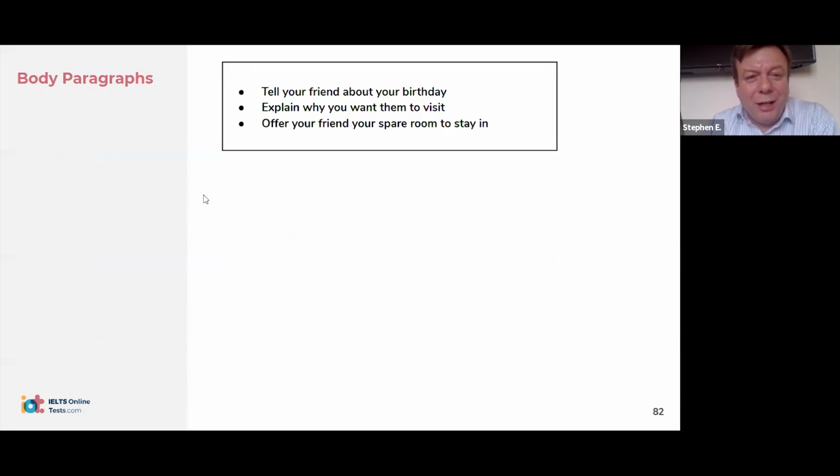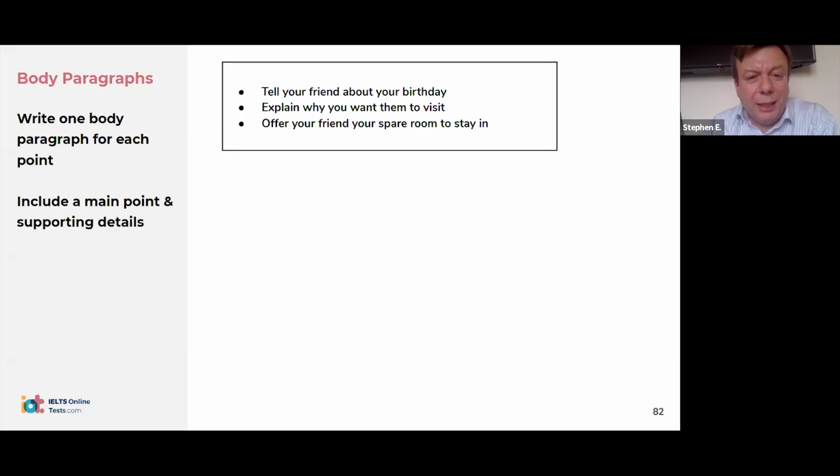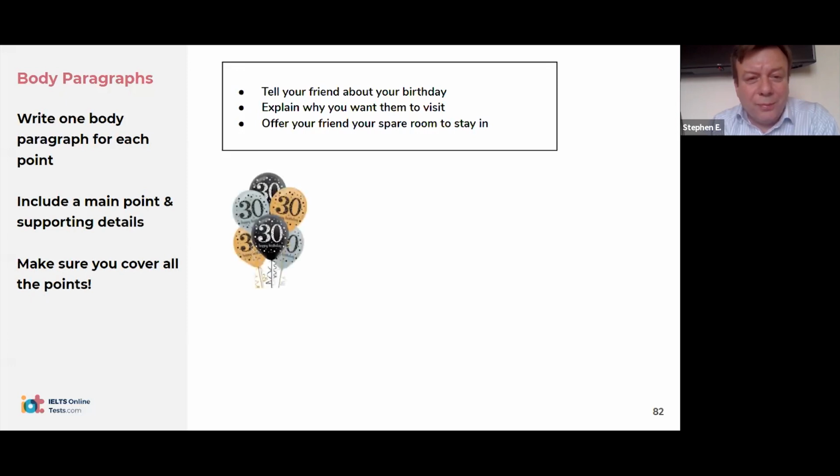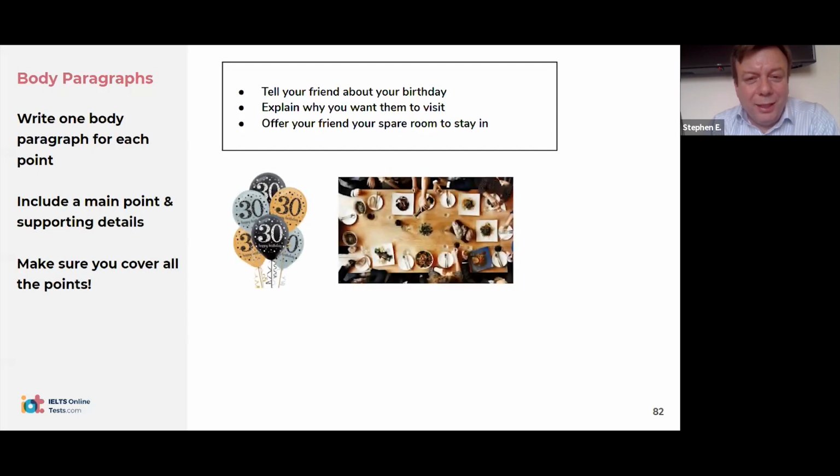So body paragraphs, we need to write one body paragraph for each point, include a main point and supporting details, and then make sure we cover all of the points. So have a look at the images.